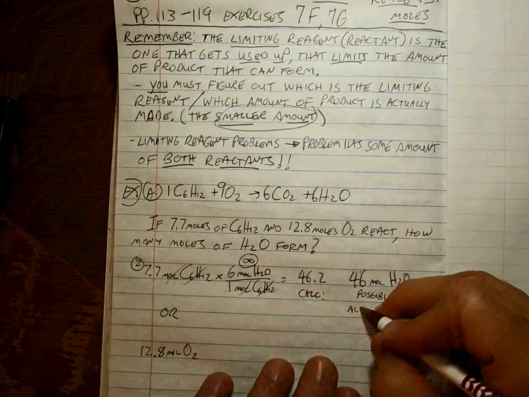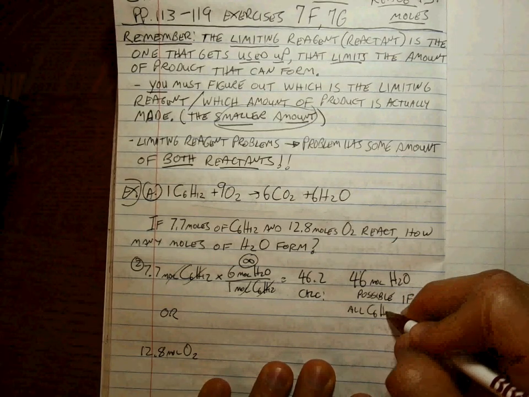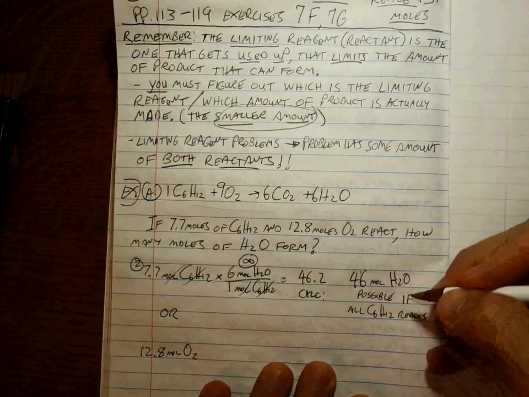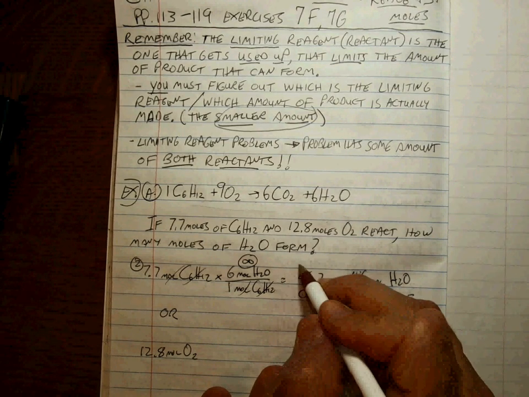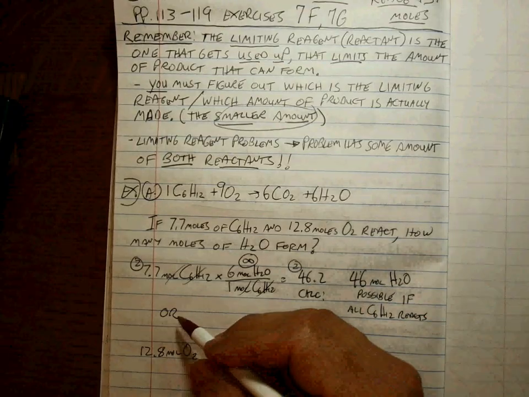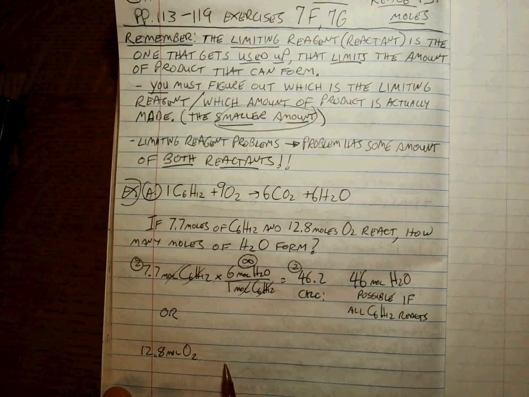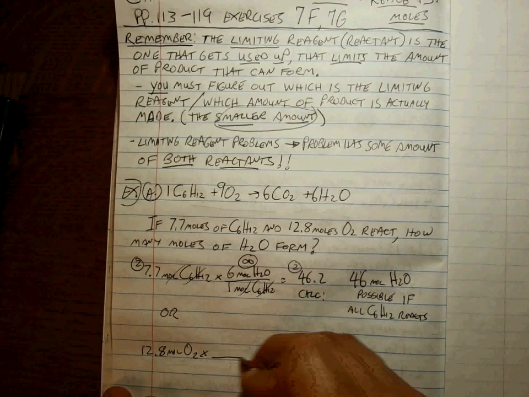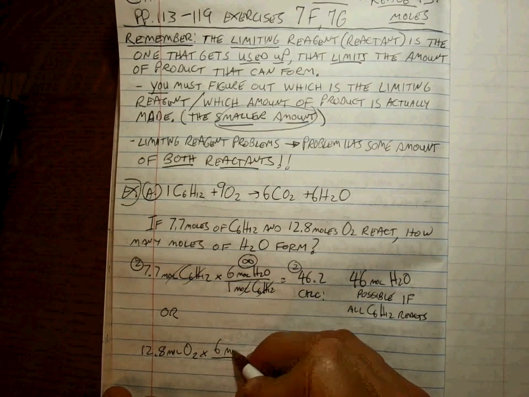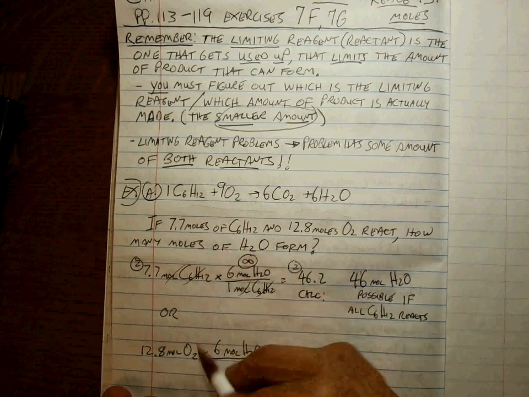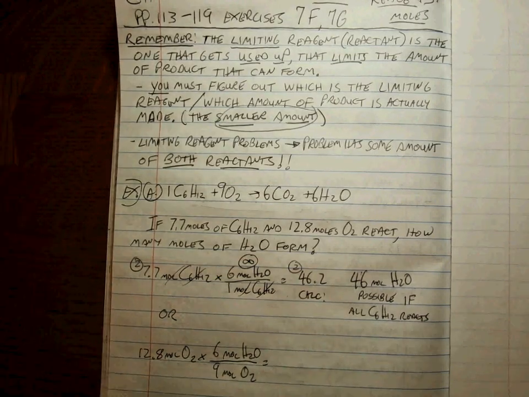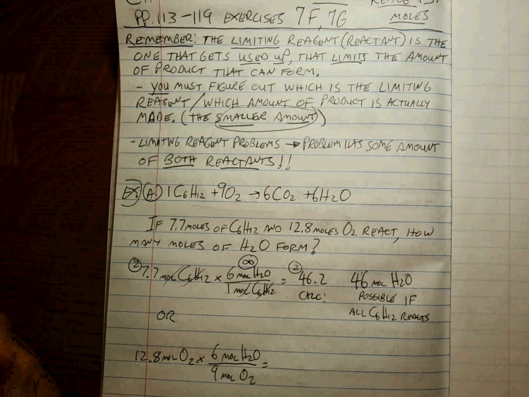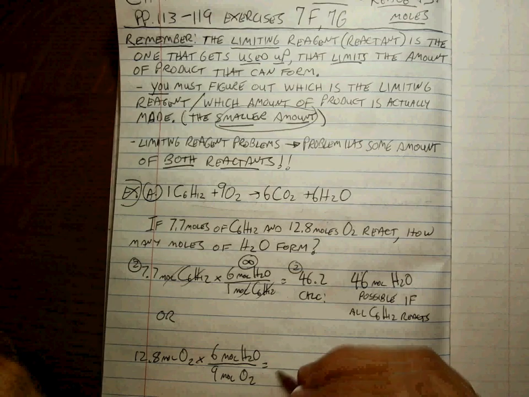If all C6H12 reacts, right? If we assume that this is our limiting reagent, we could make 46 moles of H2O with 2 sig figs. The other possibility here is that the oxygen gets all used up. If it did, what would the ratio be? 6 moles of H2O will form per every 9 moles of O2 that react. 12.8 times 6 divided by 9.